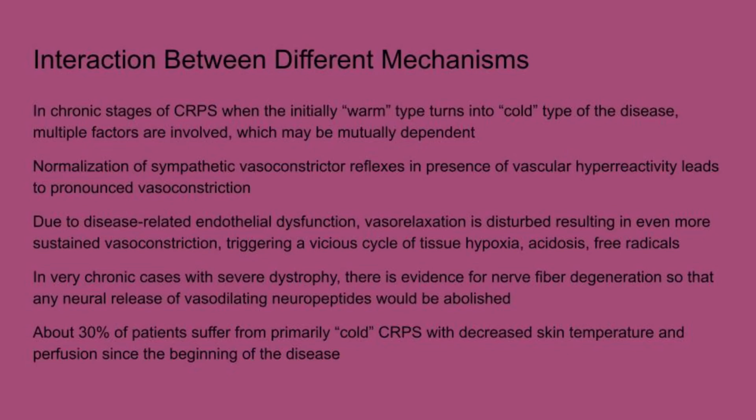In very chronic cases with severe dystrophy, there is evidence for nerve fiber degeneration, so that any neural release of vasodilating neuropeptides would be abolished. About 30% of patients suffer from primarily cold CRPS, with decreased skin temperature and perfusion from the onset of the disease.